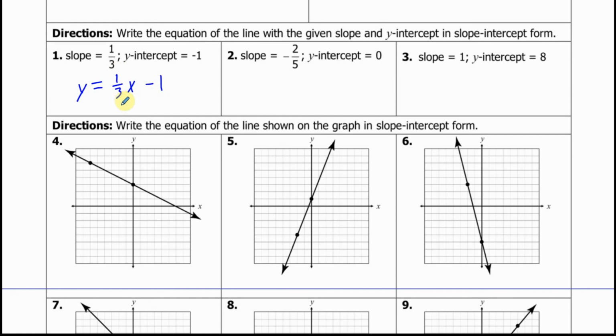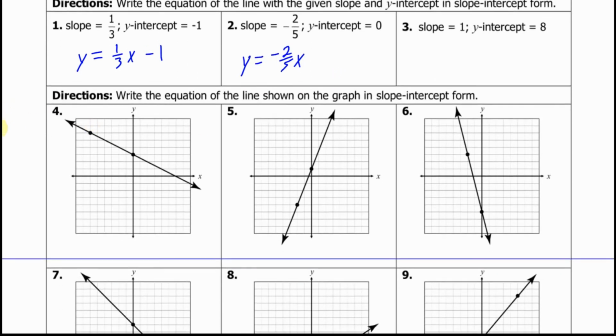Slope in front of x plus or minus the number, the y-intercept at the end. Right? Write the equation for number 2. Okay, so you get y equals slope x plus y-intercept. I'm not going to write plus 0 because adding 0 does nothing to a number.